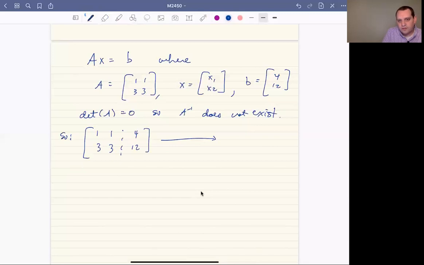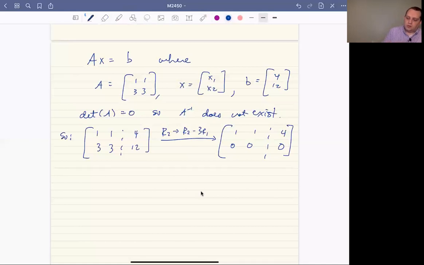And if we were to simplify this, let's say we take row 2, subtract from it 3 row 1, the top row will be the same, 1, 1, 4, and we would end up with 0, 0, 0. And now the bottom equation, even though there's a 0, 0, the right side is also 0. So we can stop. There's no more simplifying that we can do here. This is in reduced row echelon form.